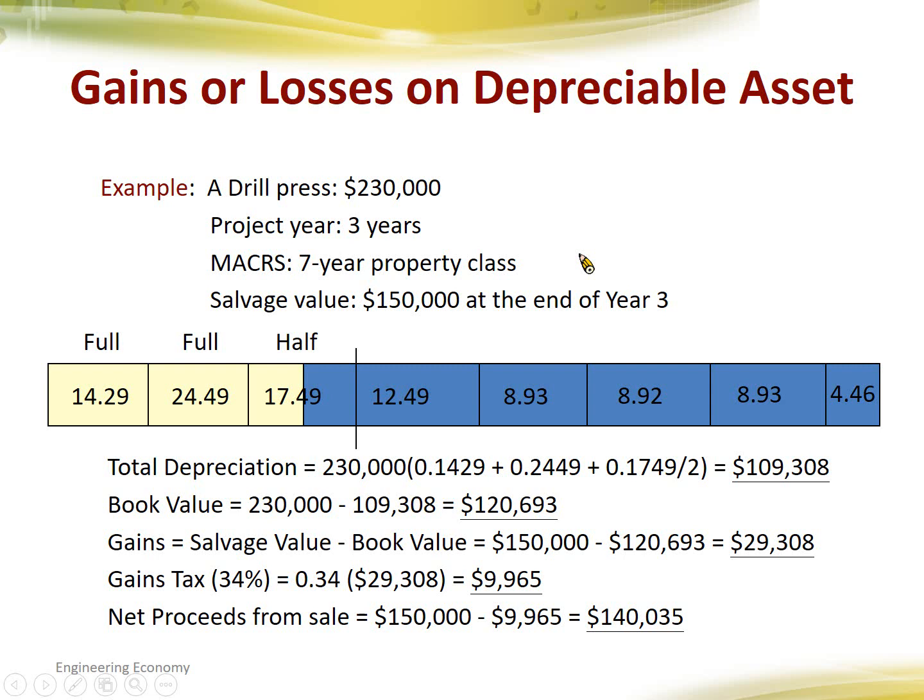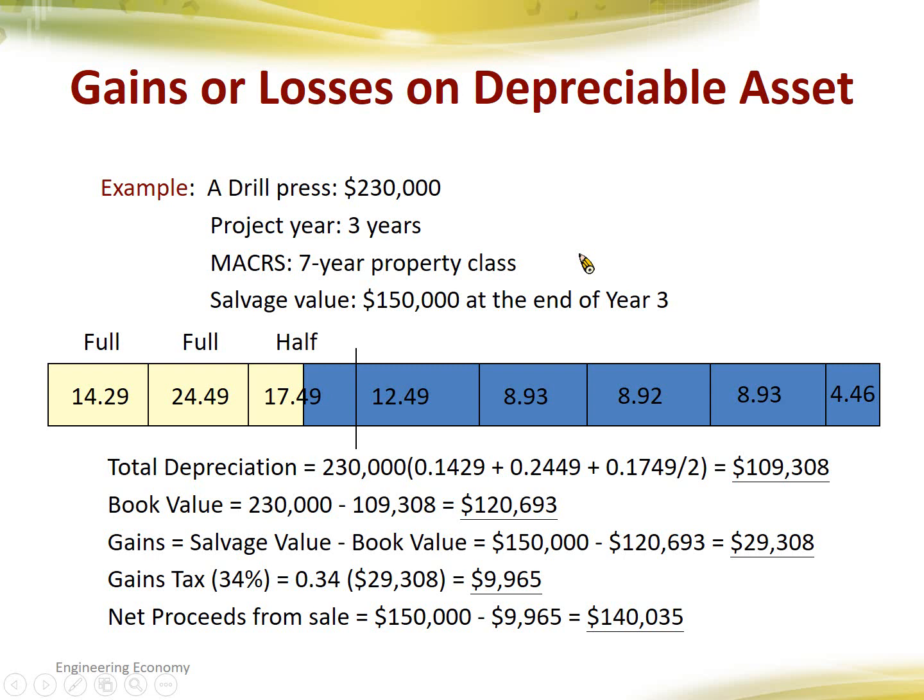You can see clearly it's declining, using declining balance until this point. Then it switches to linear depreciation, following the half-year convention at the end.